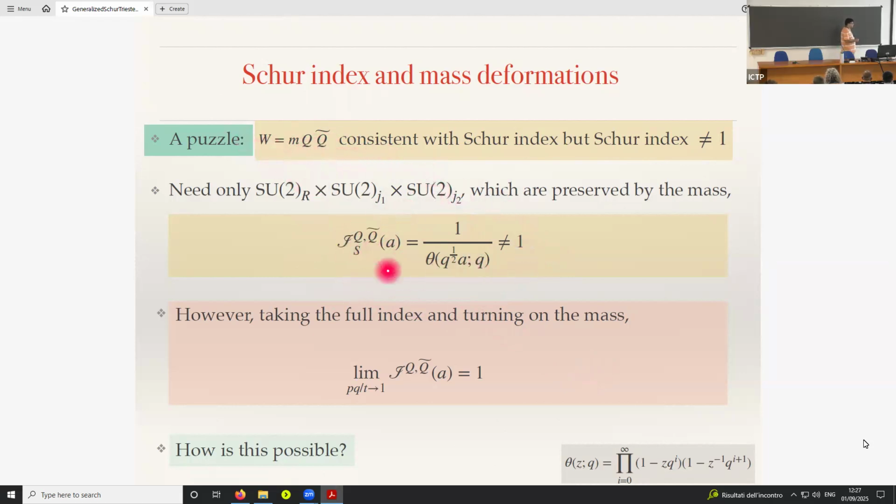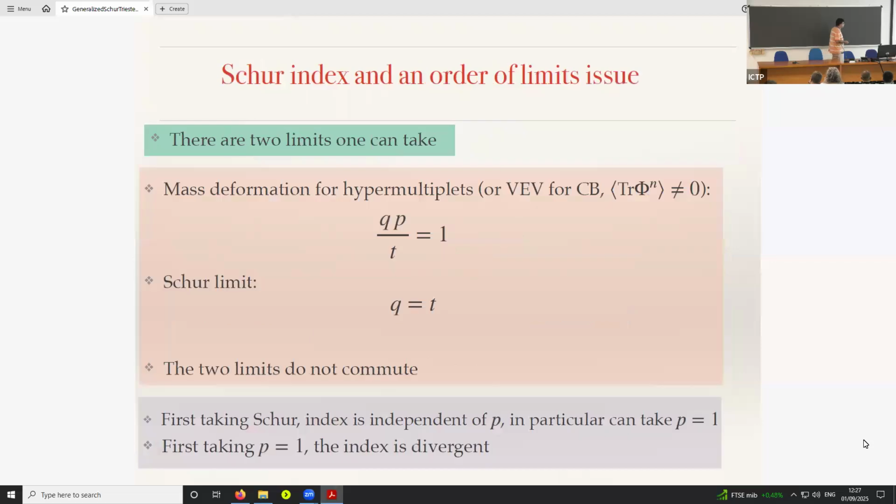But specializing the index, looking at the Schur index of a free hypermultiplet, is not equal to 1. So the question is how this is possible. And of course, the answer is already in the statement of the problem. There is some order of limits issue here. So there are two limits that we can take. We can take this limit that I will call the mass limit, qp over t equals to 1, and the Schur limit.